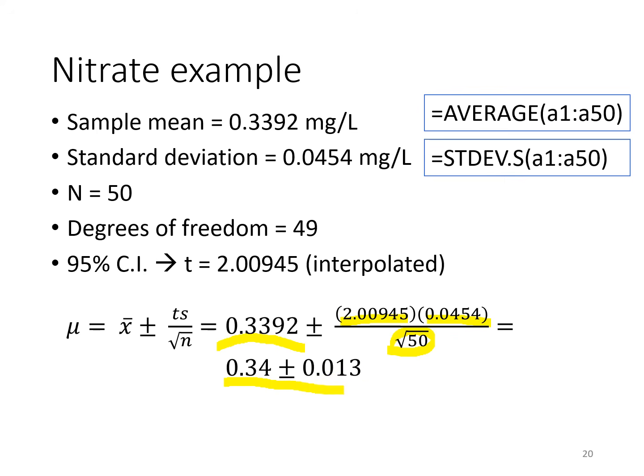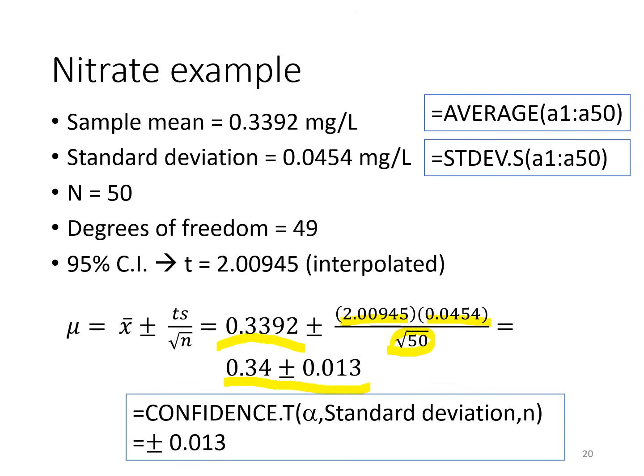So we have a mean value of 0.34 plus or minus 0.013. Okay, that provides us the 95% confidence interval. So we can say that if we were to have 100 observations, we would expect 95 of those to fall within this range here.